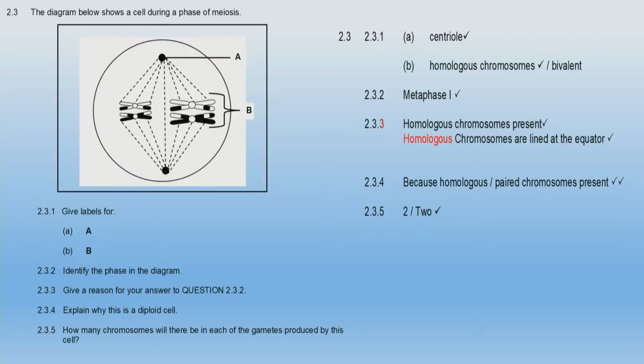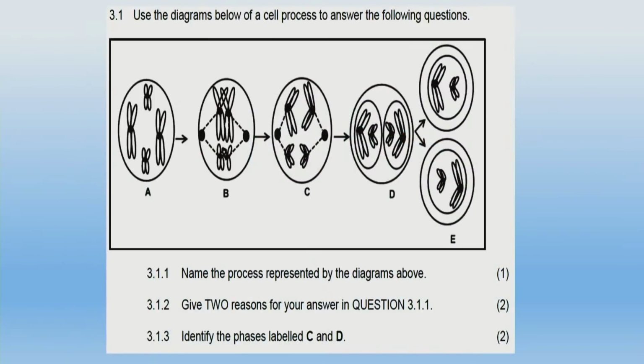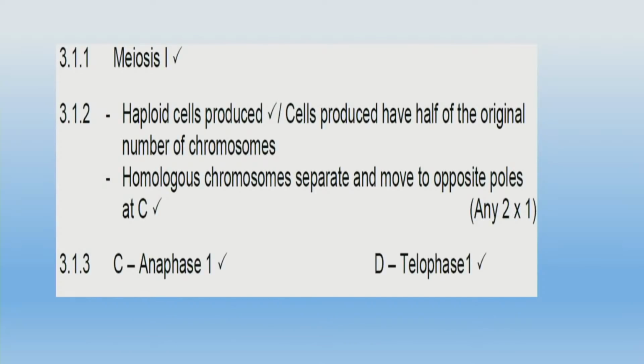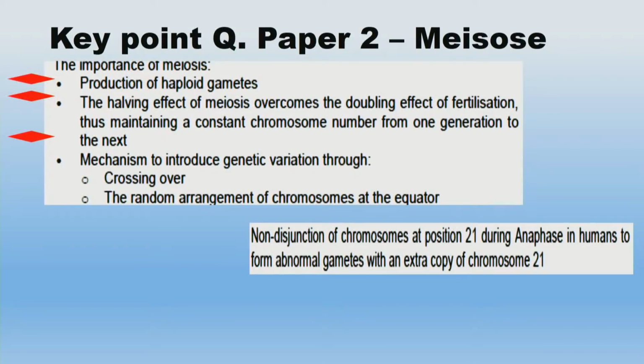Then again, identify the different phases, explaining how many chromosomes and how many chromatids, typical question that you are going to be evaluated on, and to answer that. And then in this case, the importance of meiosis.